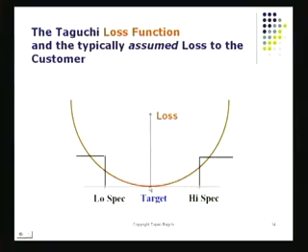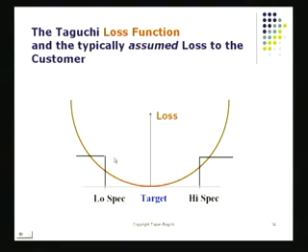If it goes away from there, suppose I buy a shirt that is size 44 or 46, my losses are going to increase. What kind of losses are these? Well, for one thing, I may have to take it back to the store. That's additional transportation cost. Or I may have to take it to a tailor and ask him to adjust it. And perhaps I may not be able to do that if the shirt is too tight. So I'll probably have a loss there also as I go away from the target.